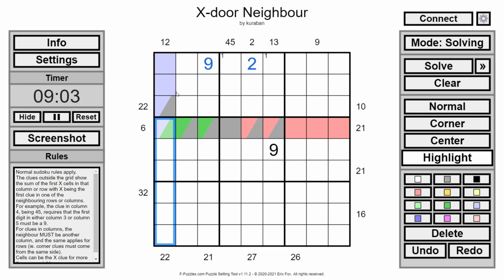What's the difference between, so 45 minus 22 is 23, minus 12 is 11. So there's going to be a sum of 11 that's empty. So what could we do here? Could these two be the empty cells?